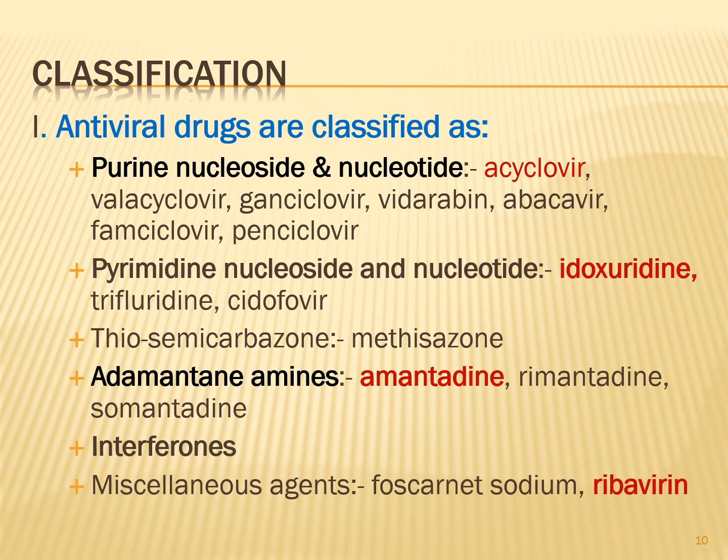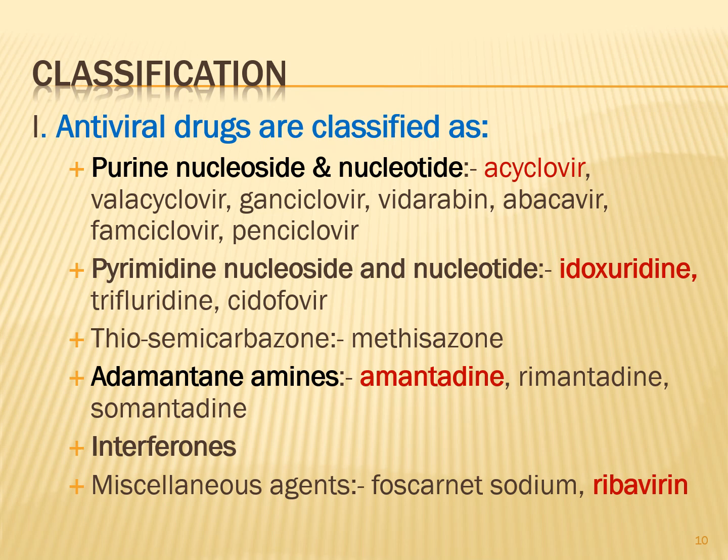Antiviral agents are classified into three types. First one is classification based on chemical structures. Second one is based on enzyme inhibition. Third one is based on treatment protocol. First, we will discuss the classification based on chemical structure. In this, first we have purine nucleosides and nucleotides. Examples: acyclovir, valacyclovir, ganciclovir, vidarabine, abacavir, famciclovir, penciclovir.